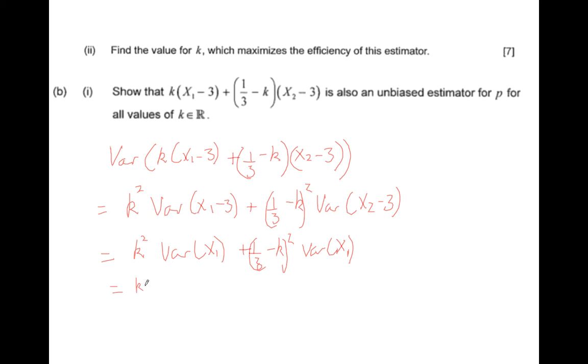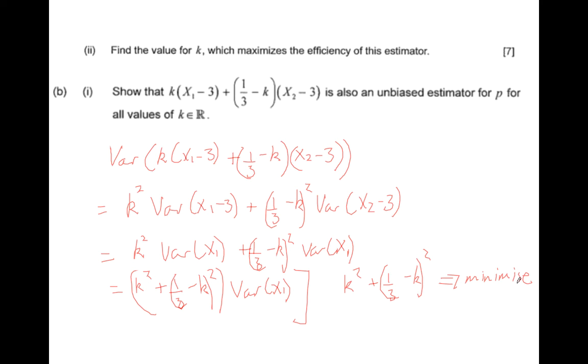So it's k squared plus 1/3 minus k all squared in a bracket times var of x1. Now if we want to maximise efficiency, we want to minimise the variability. The original variability is fixed, so it's the k values we want to play with. So we want to minimise k squared plus 1/3 minus k all squared.